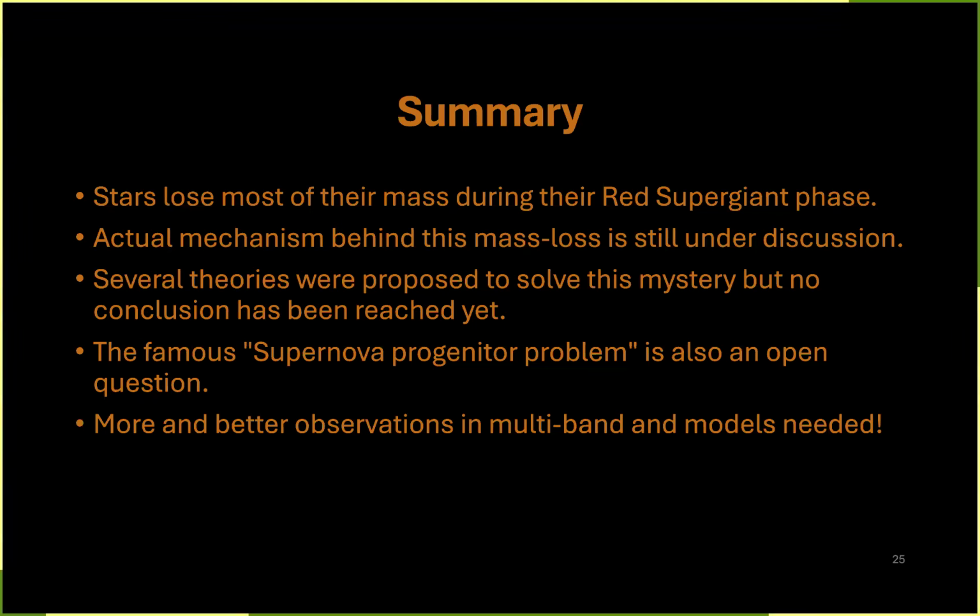RW Cep, a very luminous K-type supergiant, has been observed to have an event similar to that of Betelgeuse. So there are other things happening. I think these mass loss episodes we're seeing, these dimming episodes, are obviously related to surface activity, which may be connected to convection.